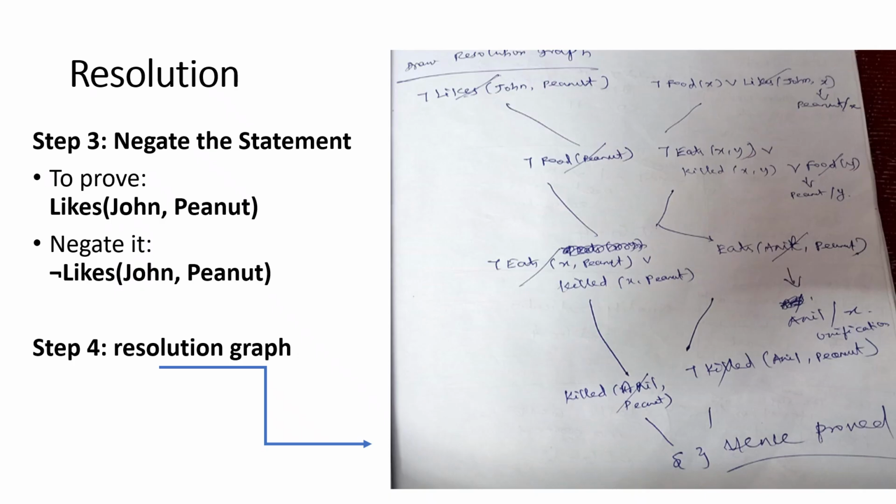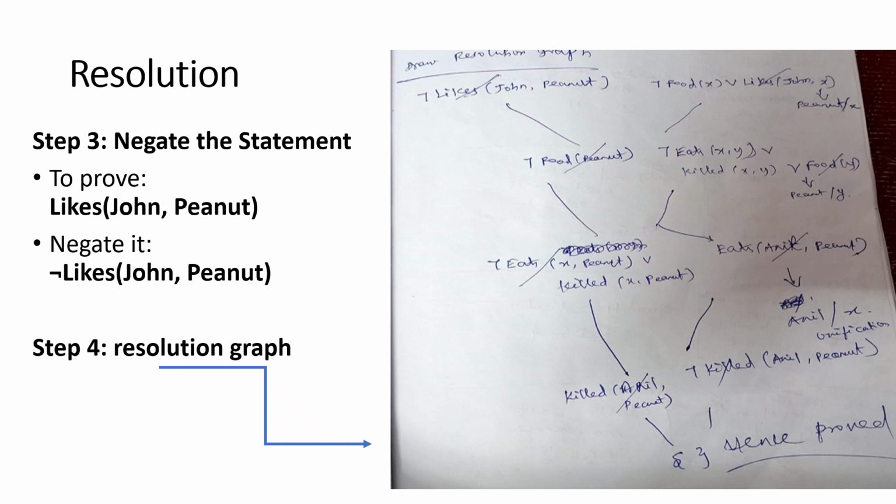So first, from the result of the negation statement, we take the resolution graph, that is, not likes of John comma peanut, and whatever statements we found in the steps of converting to FOL and CNF, we want to take the particular statement.